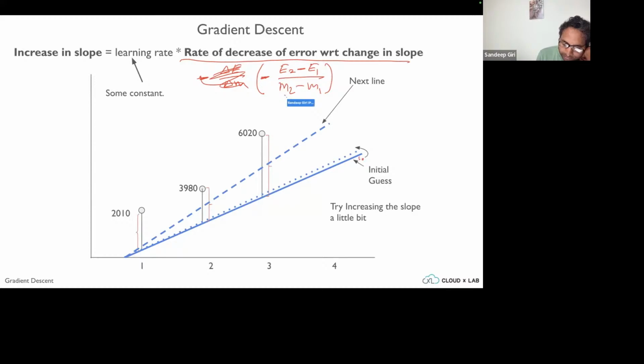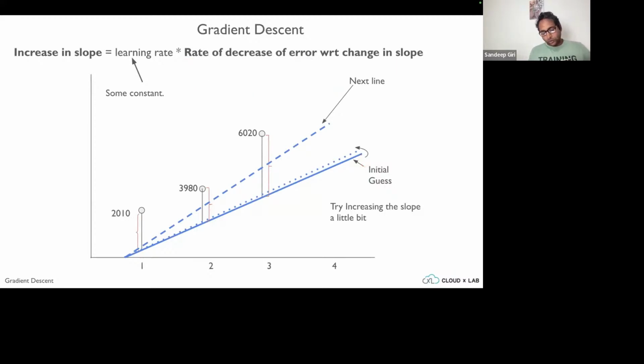Earlier the error was E1, then the error became E2. If, because of increasing the slope, the error is also increasing, we don't want it. We want the opposite of it. We want to go in the direction where the error is decreasing. Correct? Is everybody okay? Or have I confused you thoroughly?